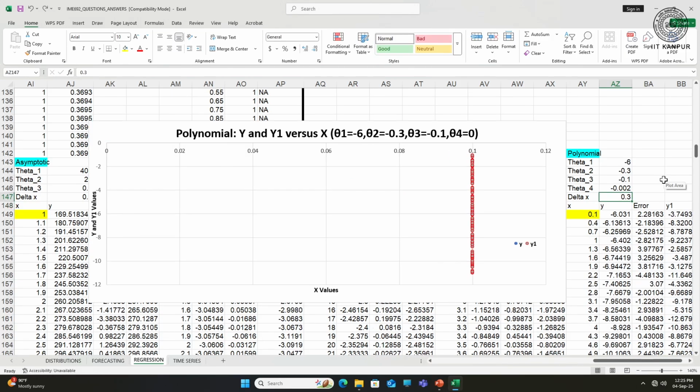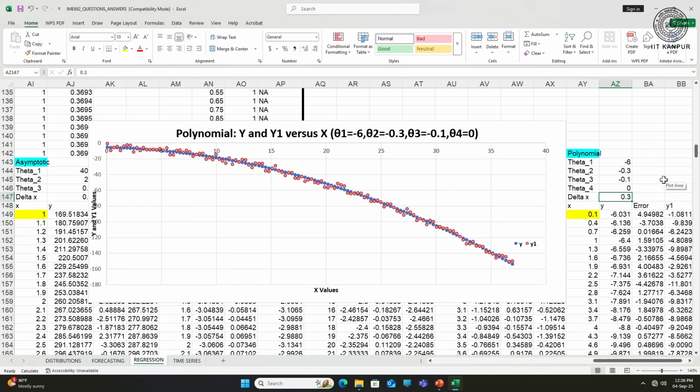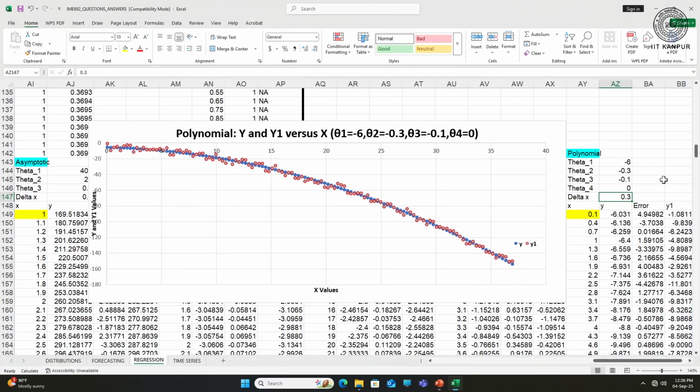Oops, my mistake, this would be 0. So, minus 6, minus 0.3, minus 0.1, and theta 4 is 0. So, you have the graph as shown here.